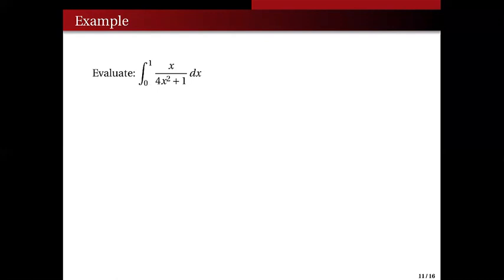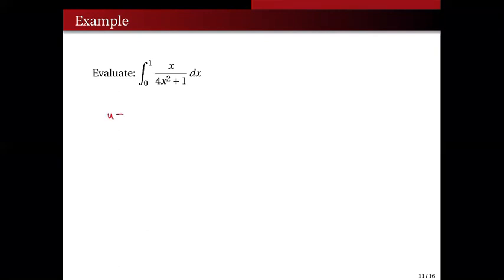If the denominator was 4x squared only, we can simplify everything and we can get the integral. But this was 4x squared plus 1. So that's the one that makes this complicated. So we'll do the substitution.